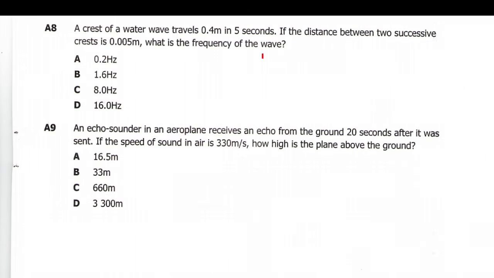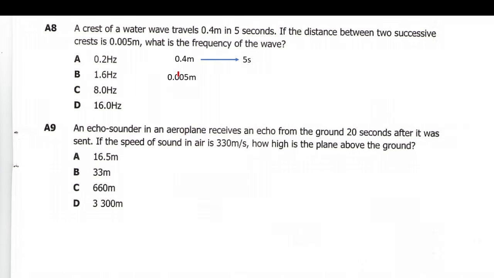So first of all, I had to know how much time it would take for a wave to travel a distance of 0.005, which is a wavelength. So here I said 0.4 meters travels 5 seconds.